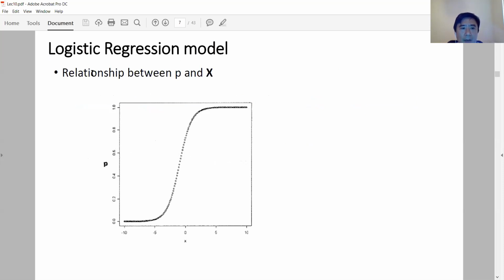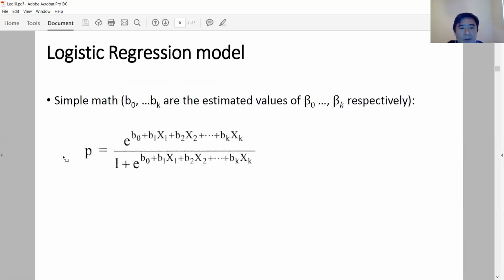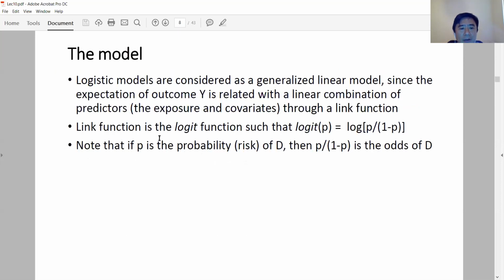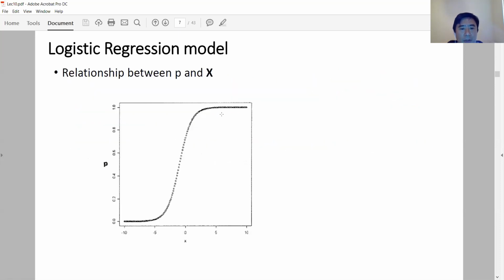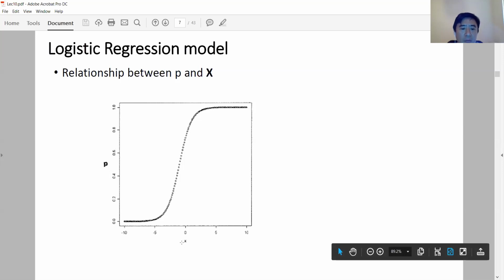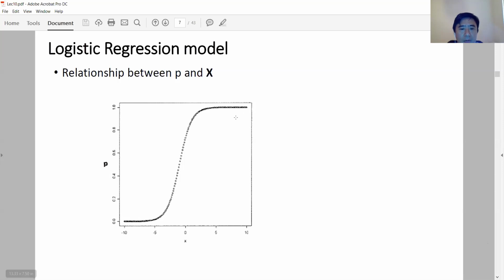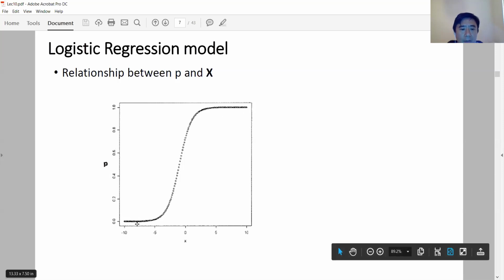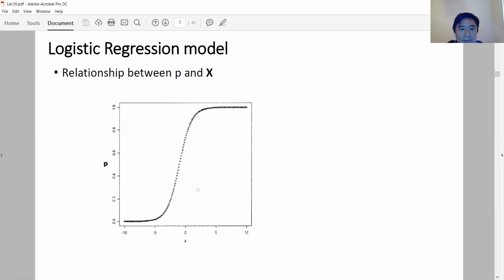After you know the model setup, the other thing I want you to know is the relationship between the p and x. So based on this model setup, you can easily get a relationship. We call this S shape, which means as the x increases, the probability does not increase linearly. At the two tails, at the very beginning and the very end, it's flat. At the end it flattens the curve, but at the beginning it increases very slowly.